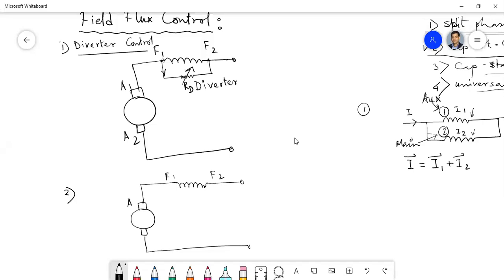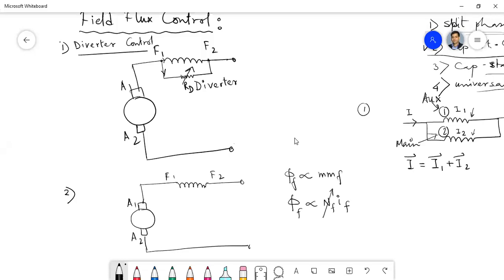So field flux is proportional to MMF, স্পিডটা বাড়বে এমএমএফ কমলে। What speed? Speed কোথা থেকে আসছে আবার?